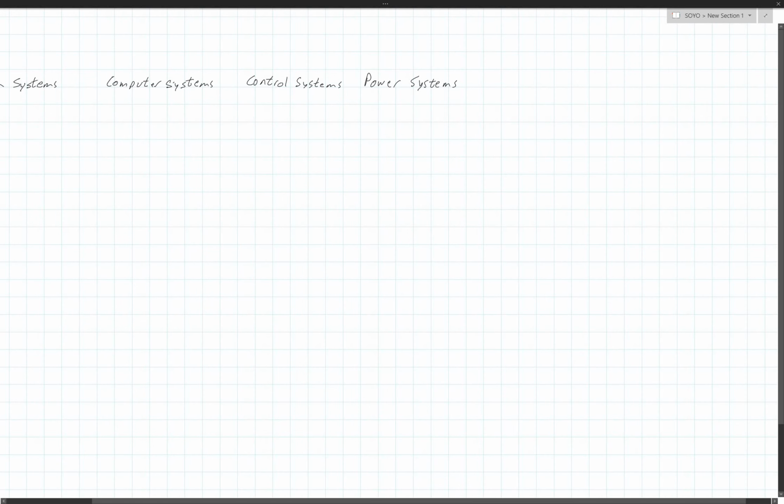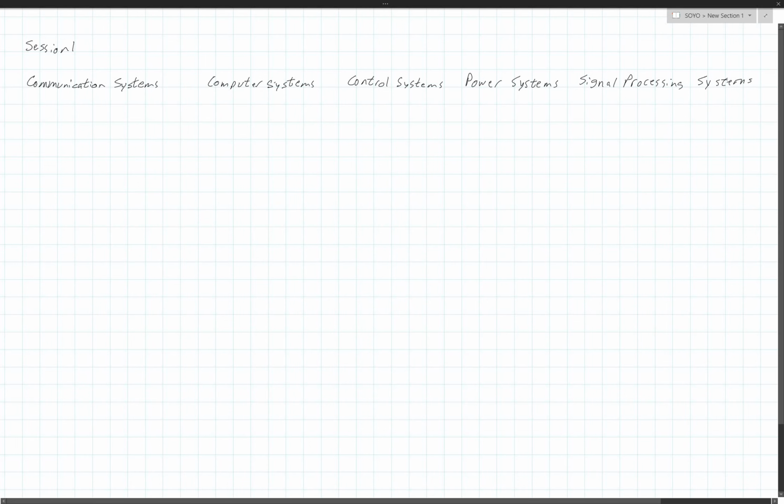And last but not least, there is signal processing systems. So as you can see, they're all systems. It just depends on what you're doing.